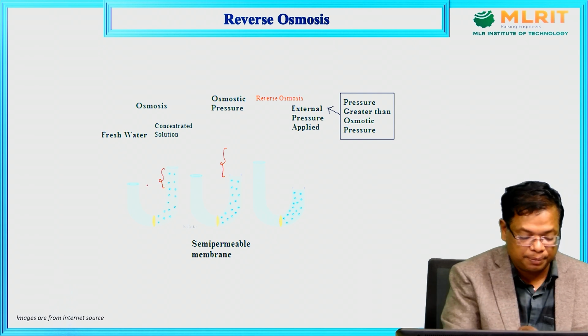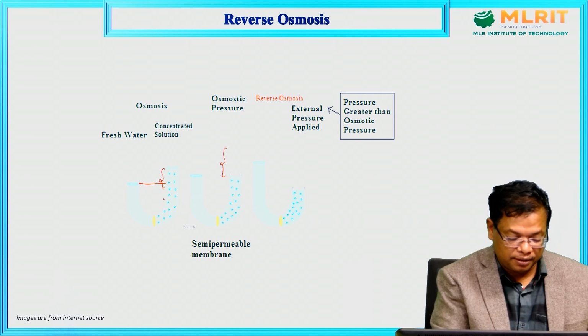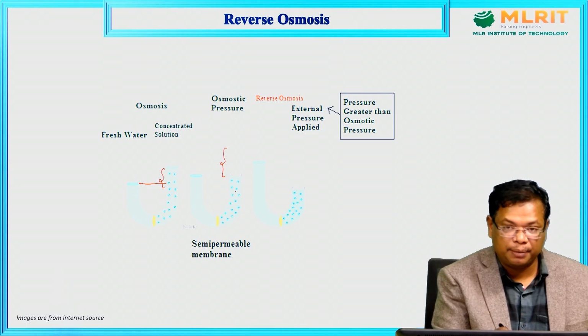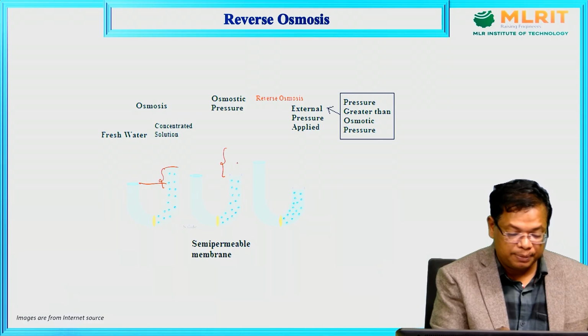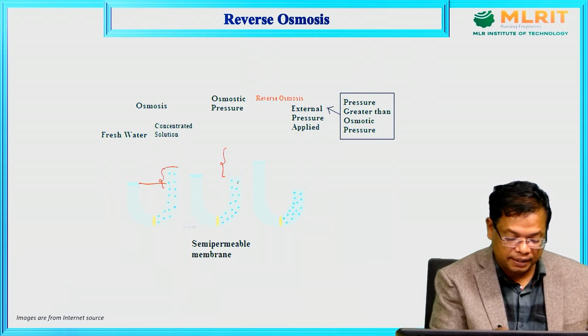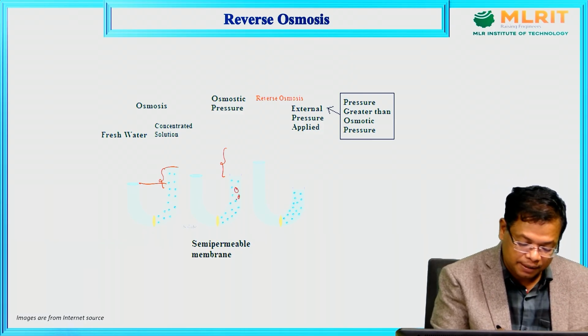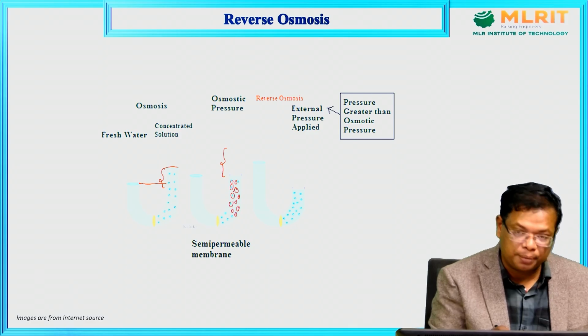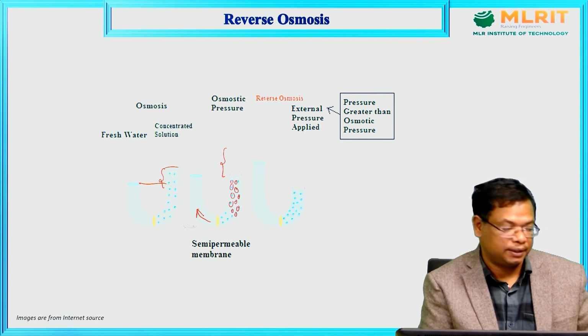This is the osmotic pressure, due to the level of the fresh water being low and the high concentrated solution being here. So this pressure is not enough to send the solvent back through the semi-permeable membrane to the low concentrated solution. Why? Because these solute particles always try to obstruct the flow of the solvent towards the lower concentration solution.